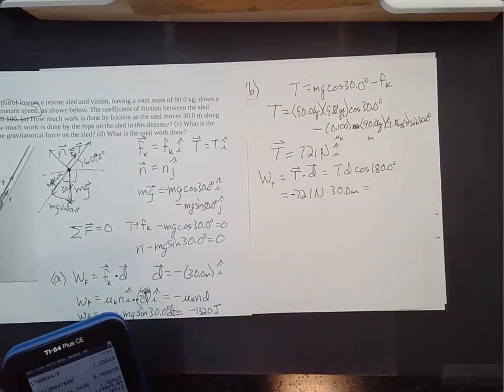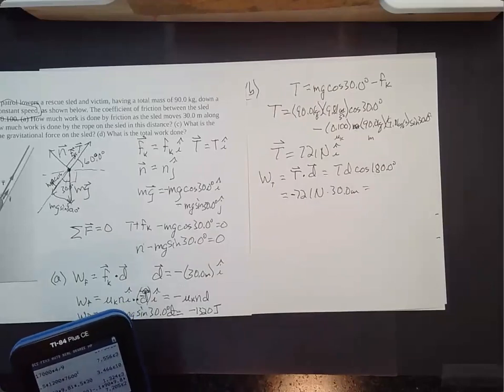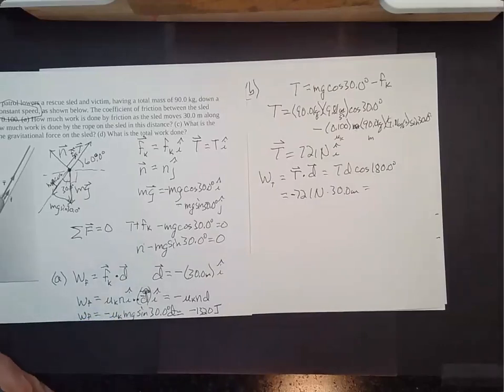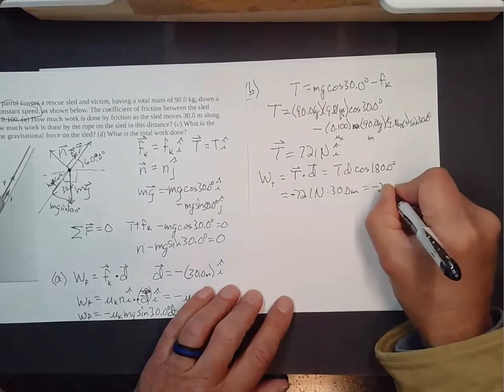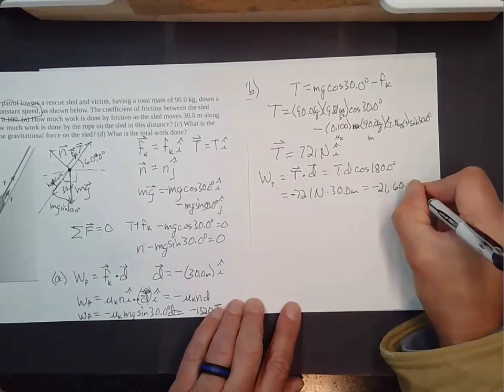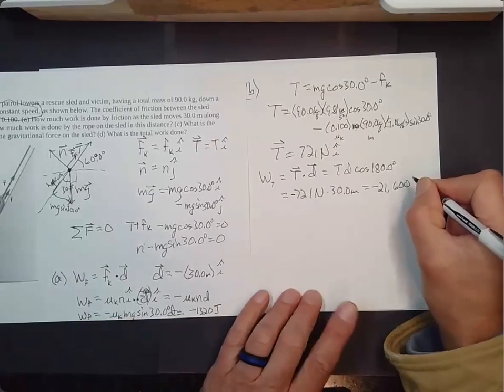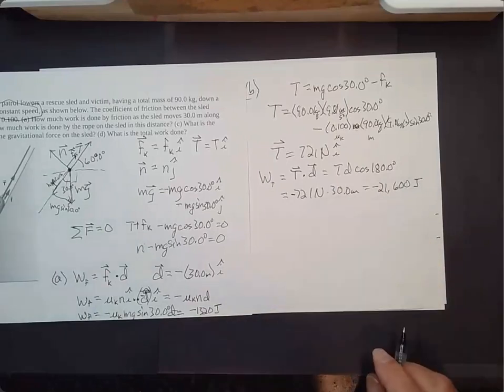Should work out. And I get about minus 21,600. Oh, that was small. Yeah. Joules, Newton meters. Okay.